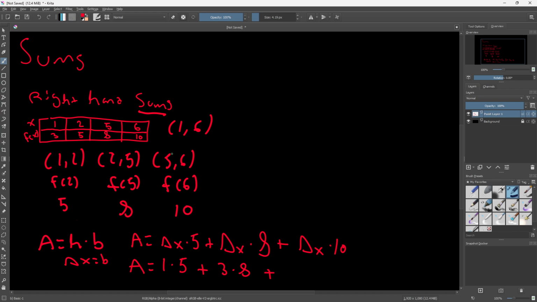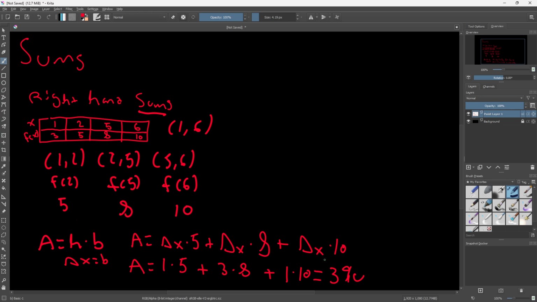And for the last one, you're moving from 5 to 6, and that would once again be 1 times the height of 10. And so what does this equal? Well, this equals 5 plus 24 plus 10, which would be 39 units, whatever unit that's going to be in. And so that's a right-hand sum.